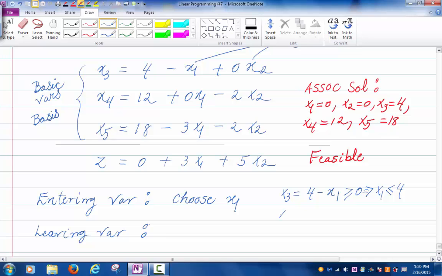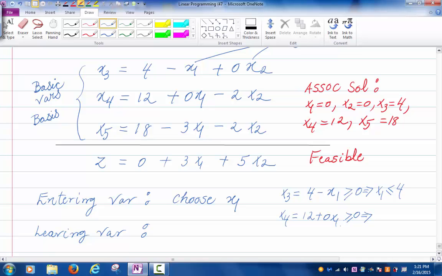Now x4 is 12 plus 0x2, right? And I want that to be non-negative. What does it imply about x1? Sorry, did I say x2? I should be saying x1 there. So this would be 0x1, sorry.